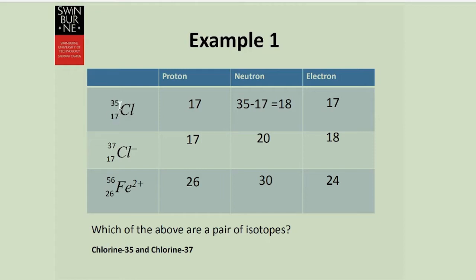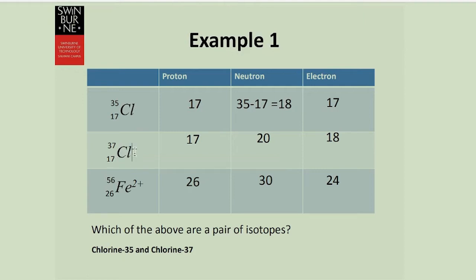So if we deduct 17 from 35, we get 18, which is the number of neutrons. So we have 17 protons and 18 neutrons, and neutrons do not have any charge, of course.